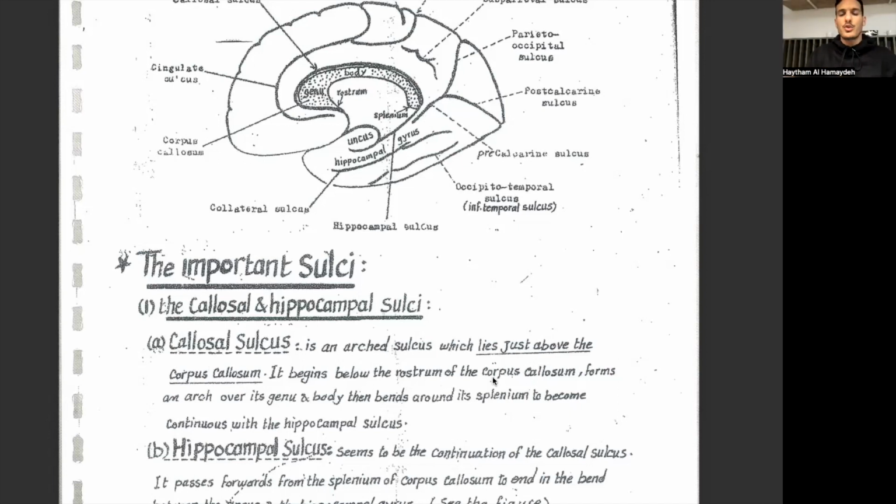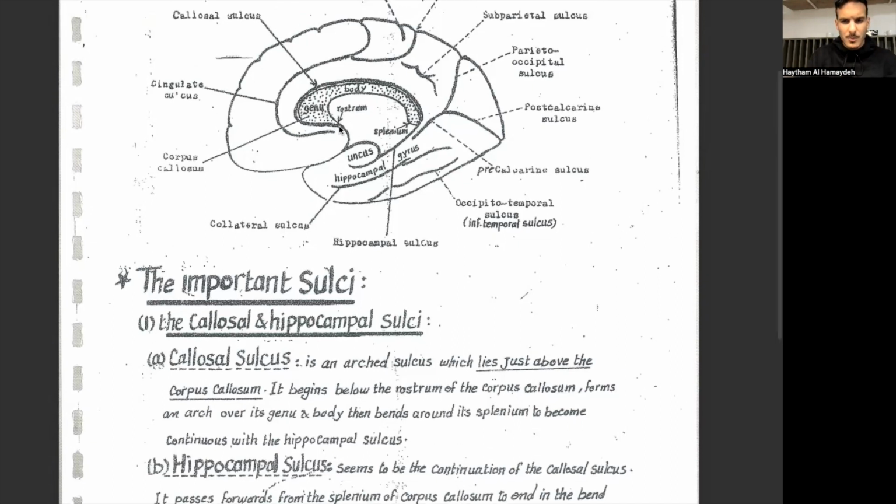It begins below the rostrum of the corpus callosum, which is found in the anterior part of the corpus callosum. That tells you that the callosal sulcus starts from here, forms an arch over its genu, and body, then bends around its splenium to become continuous with the hippocampal sulcus.